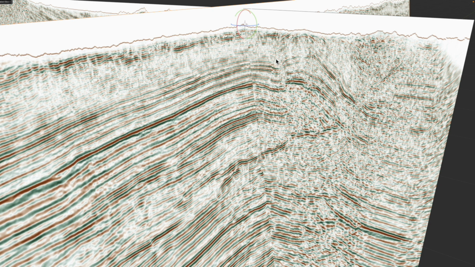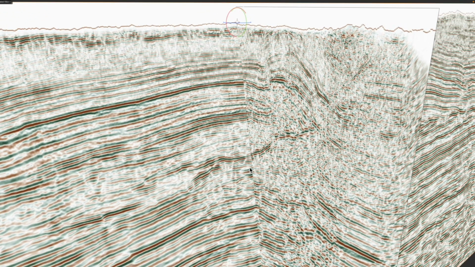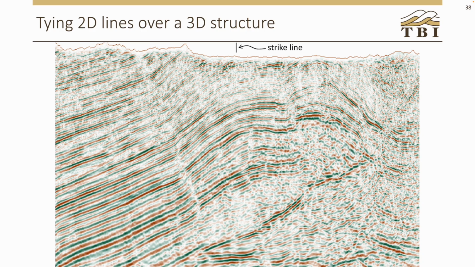And you can see when we find that angle, normal to bedding, we've got good correlation top to bottom, and you can see there's the angle that we're dealing with, and the correlation looks good on both sides of that 2D line.